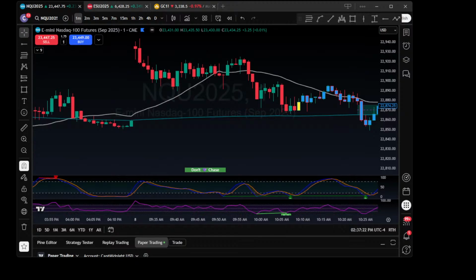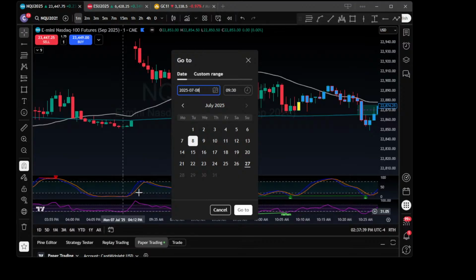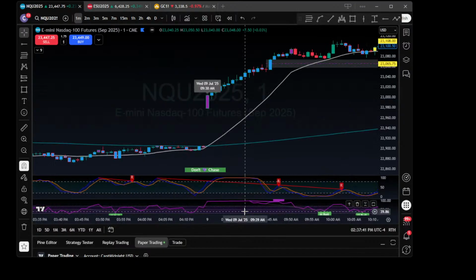I gotta mess up my charts here. 5. Okay, 9. Look at these gaps.